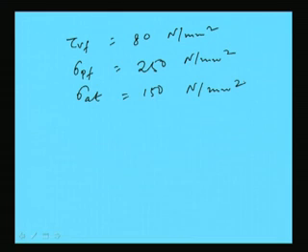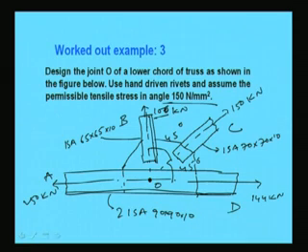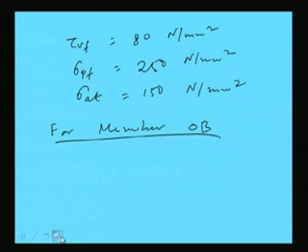So, these are the values we have to consider from the IS code. Now, one by one member we can go. Say for member OB, that means the vertical one, that means this member. First let us design this member OB.